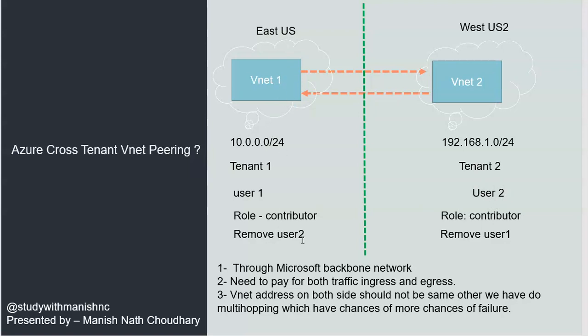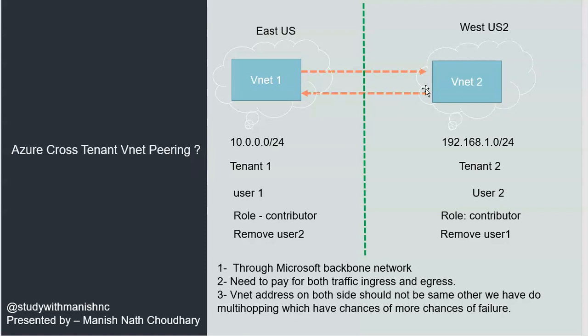After that, the next step is to give this user, who is now part of tenant 1, sufficient access so that he can do the peering. We will provide him contributor access. Similarly, the user who is now part of the West US2 subscription will be given contributor access so he can do the peering.